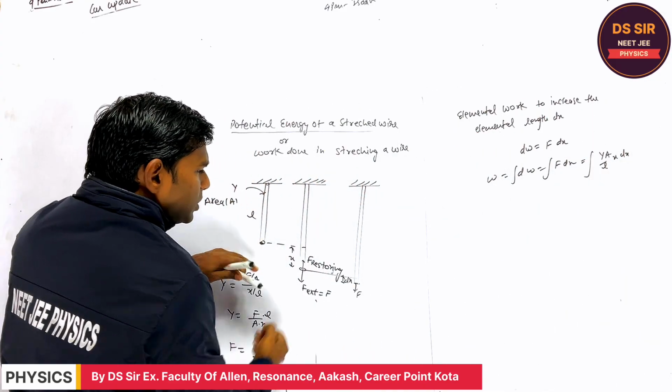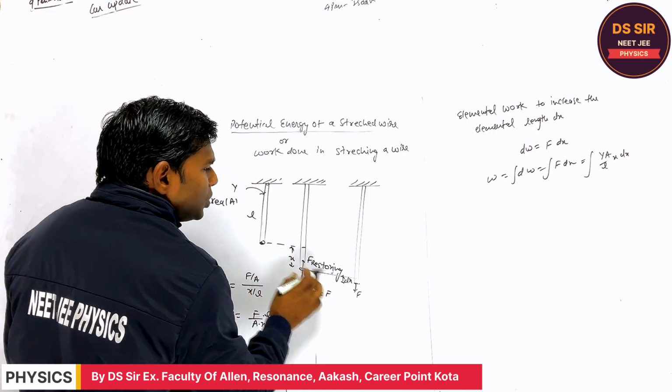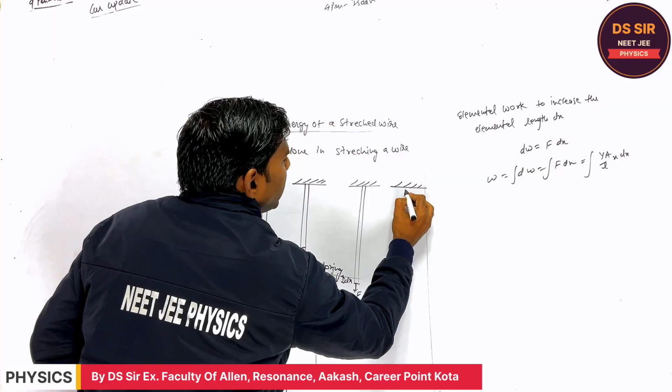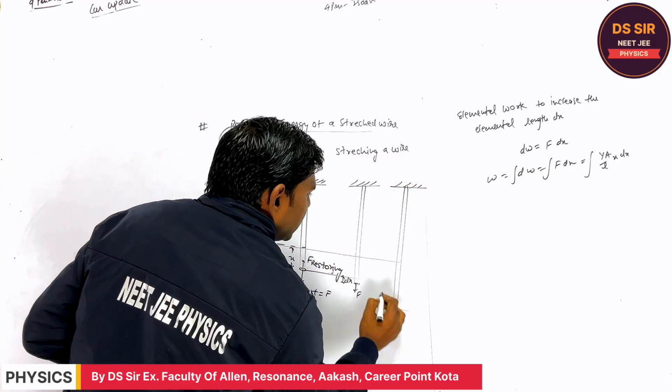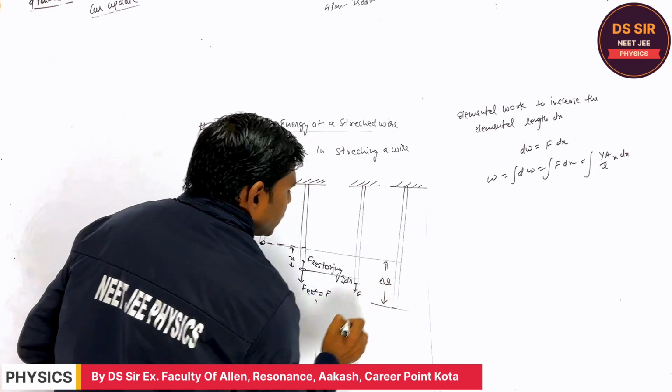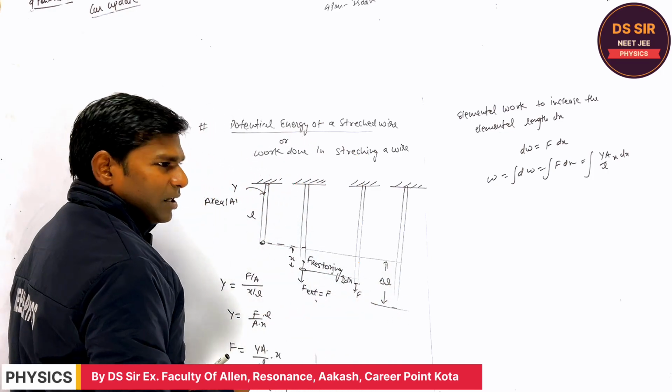Initially there is no elongation, and you are increasing it. This is a snapshot between the initial and the final. Suppose the final length becomes such that delta L is the elongation.